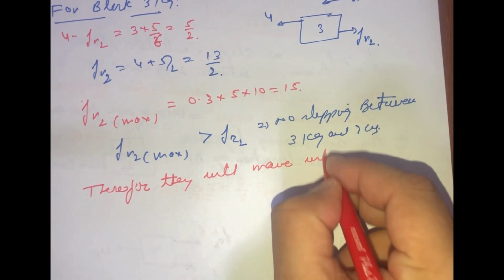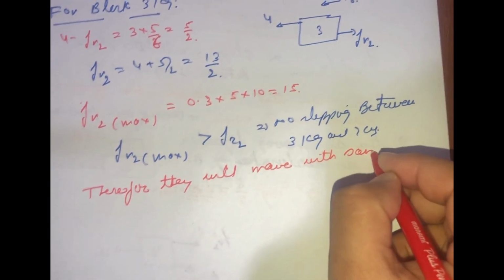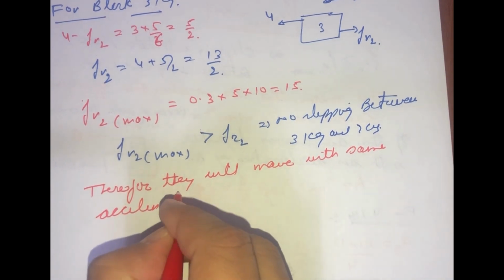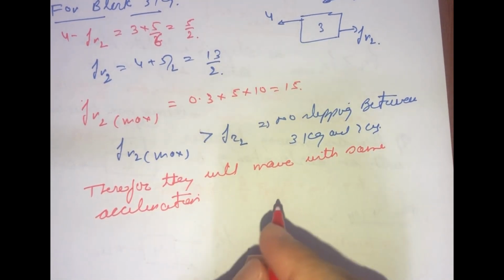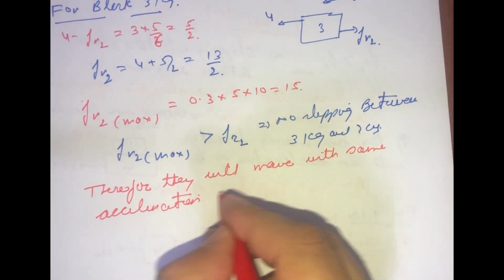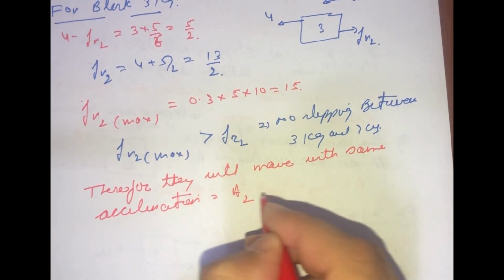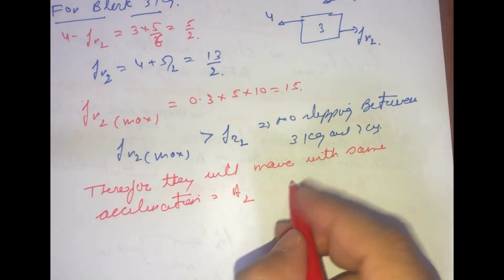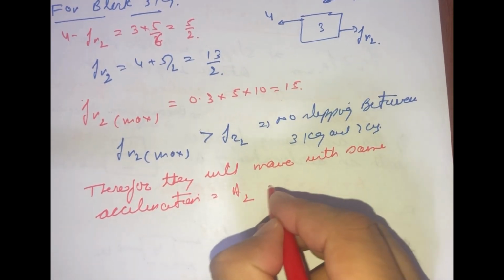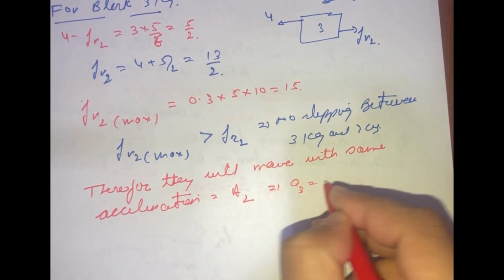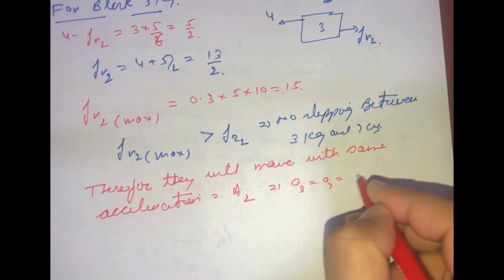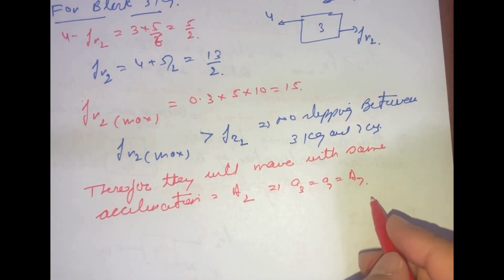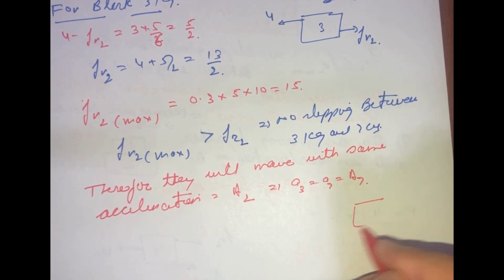Let us call this A2. So it means the acceleration of 3 kg is equal to the acceleration of 7 kg, which is equal to A2, and we can find out its value.